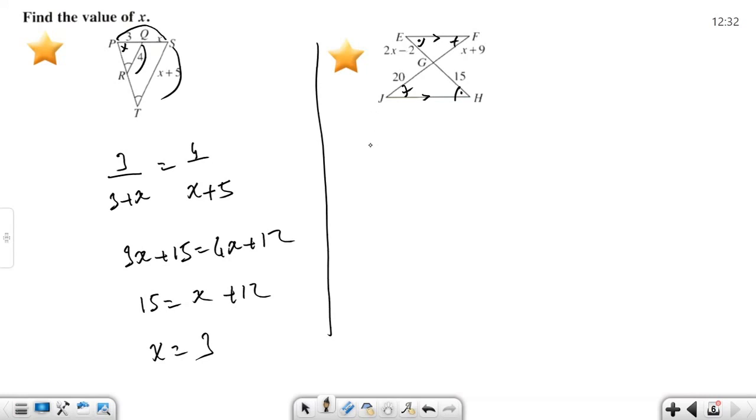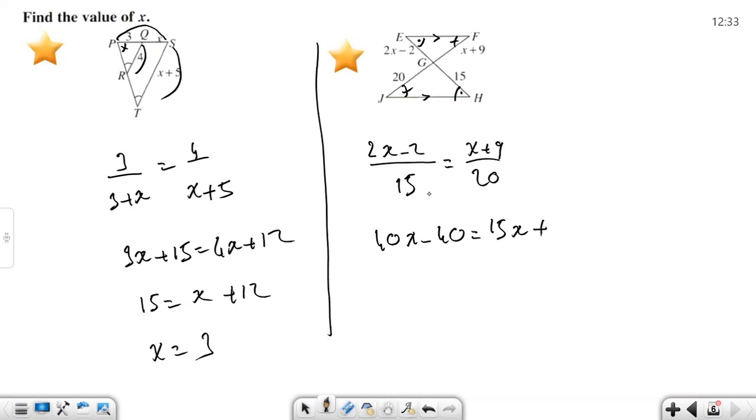So opposite of this angle 2x minus 2 over opposite of this angle 15, is equal to opposite of this angle x plus 9 over opposite of this angle 20. So I find the equation by cross multiplication here. 40x minus 40 is equal to 15x plus 15 times 9, which is 135.